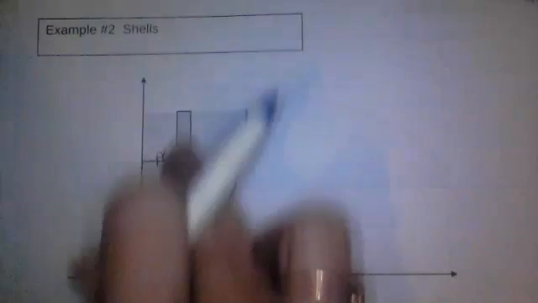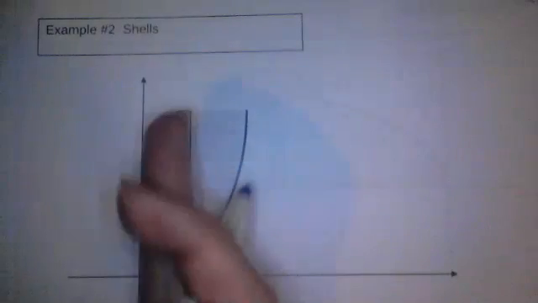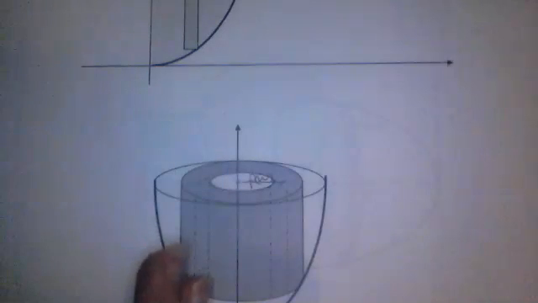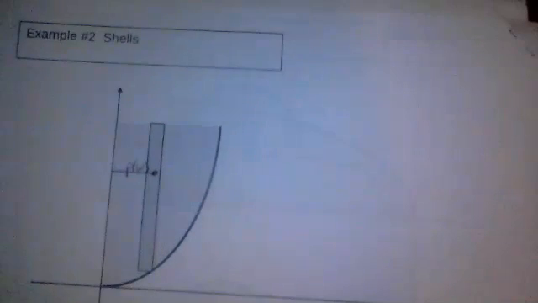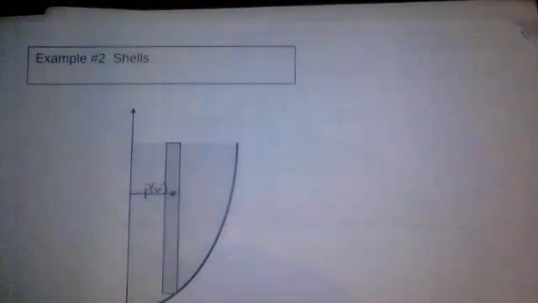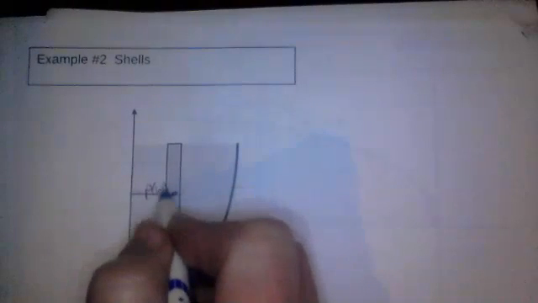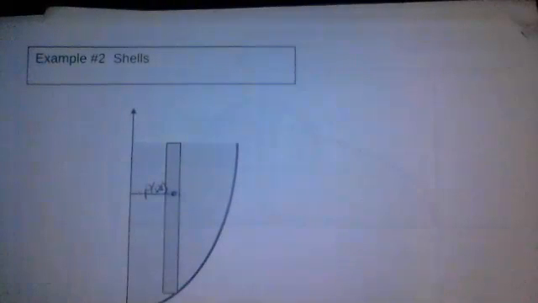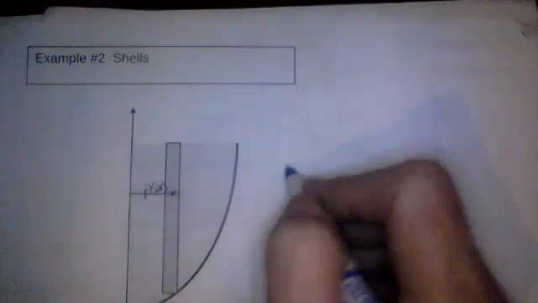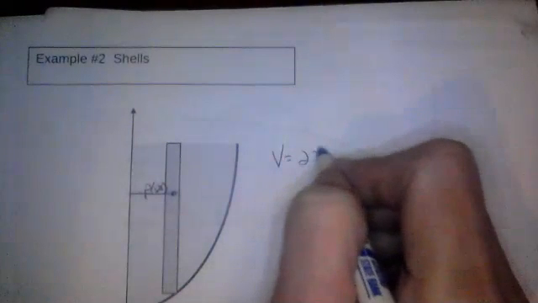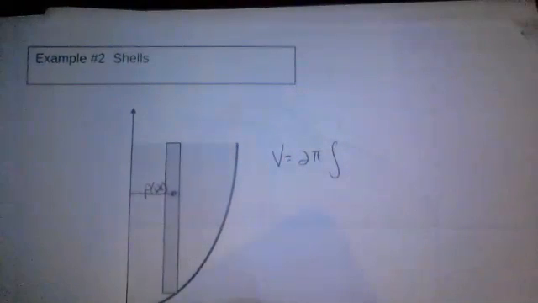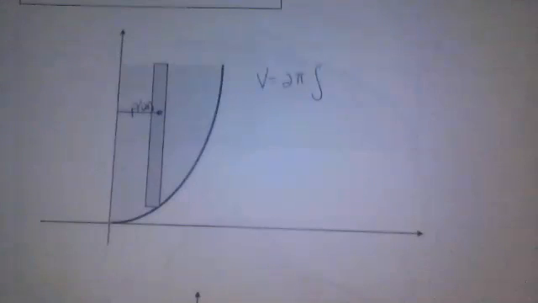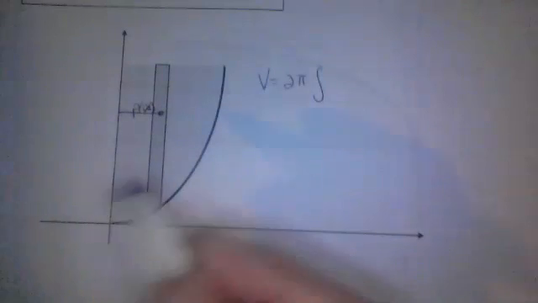And so we're taking this representation and we're going to rotate it around, which creates all these cylinders. So in this representation, like I said, this is going to be our p of w, or p of x. And so we're going to have our volume equals 2 pi times the integral, and we're still using x's, and so we need to know where these intersect.